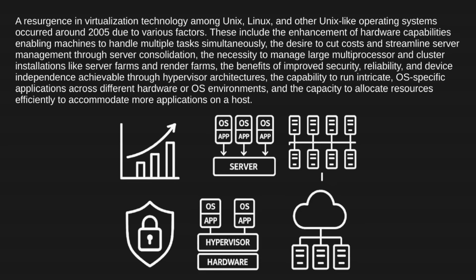These include the enhancement of hardware capabilities, enabling machines to handle multiple tasks simultaneously, the desire to cut costs and streamline server management through server consolidation, the necessity to manage large multiprocessor and cluster installations like server farms and render farms, the benefits of improved security, reliability, and device independence achievable through hypervisor architectures, the capability to run intricate, OS-specific applications across different hardware or OS environments, and the capacity to allocate resources efficiently to accommodate more applications on a host.